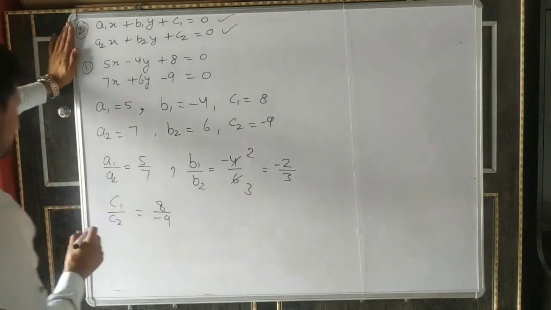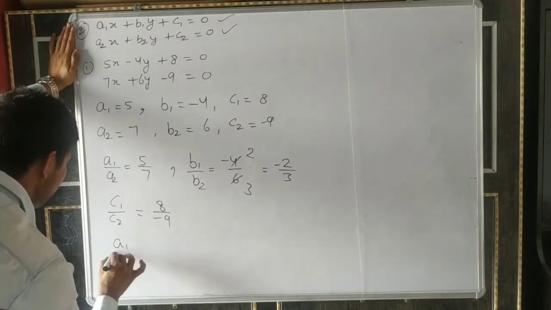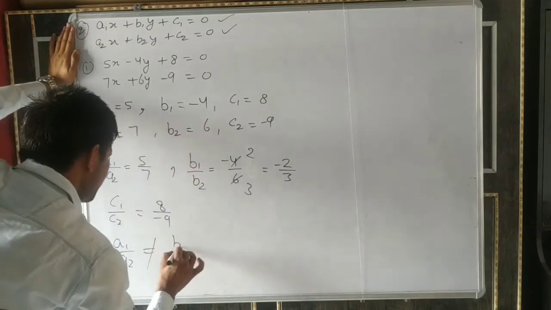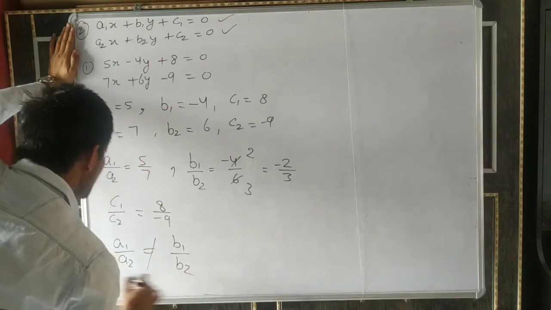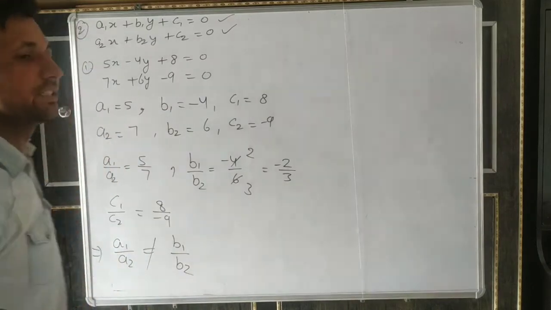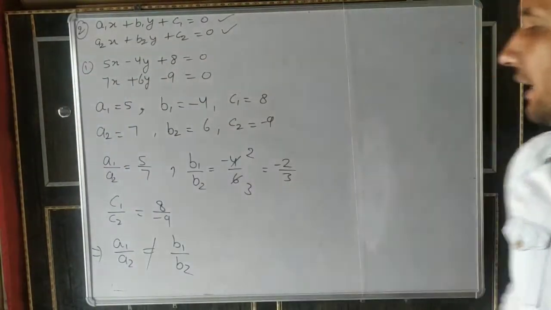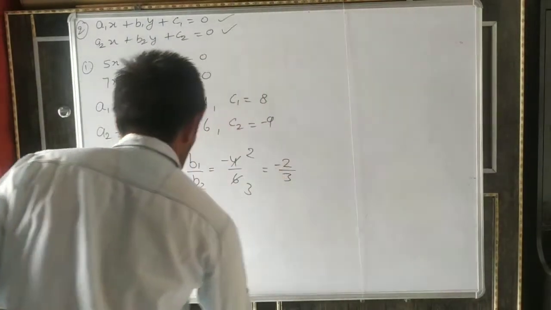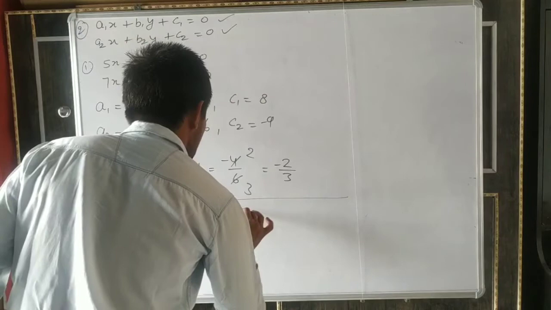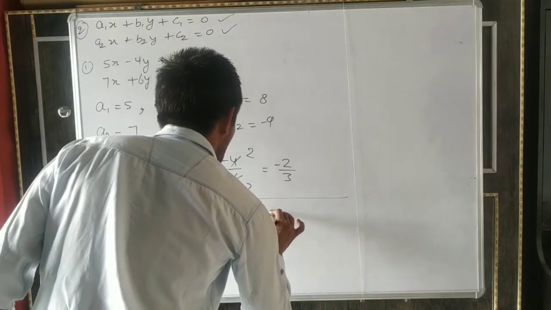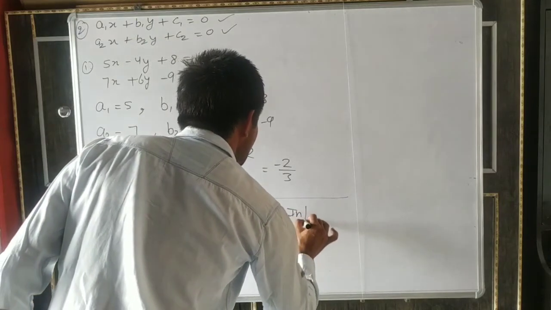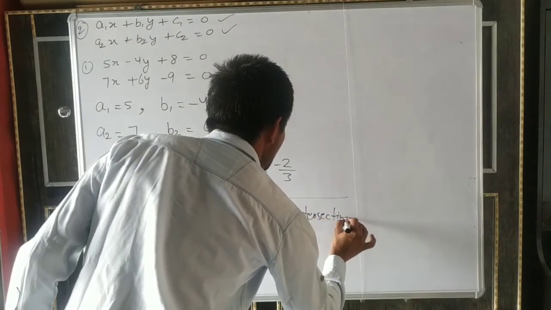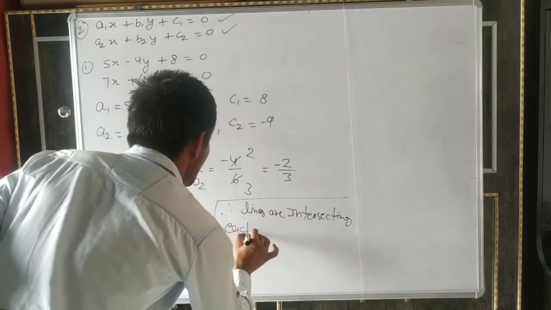So we check it. A1 by A2 is not equal to B1 by B2. And this condition is satisfied, so you can write: therefore, lines are intersecting each other.